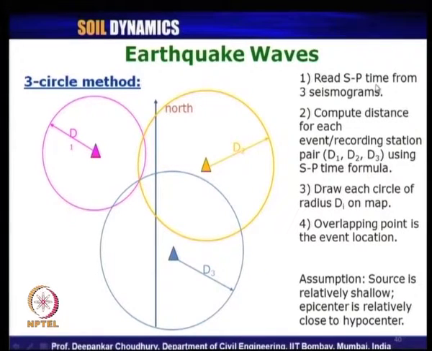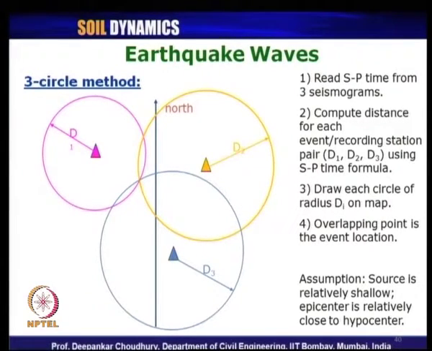Read S minus P times from a minimum of 3 seismograms, that is from 3 seismic stations, wherever you have recorded both P wave and S wave, you get the value of this S minus P time. Then compute the distance of the event from each recording station using that S minus P formula, which we have studied just now.